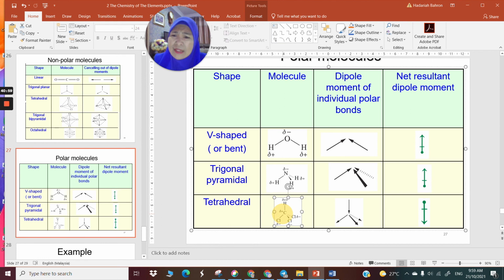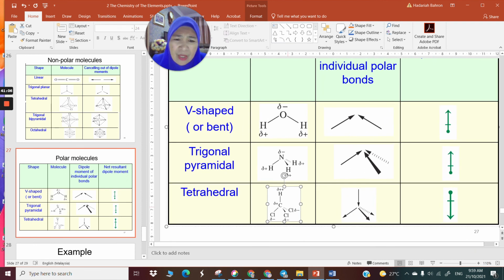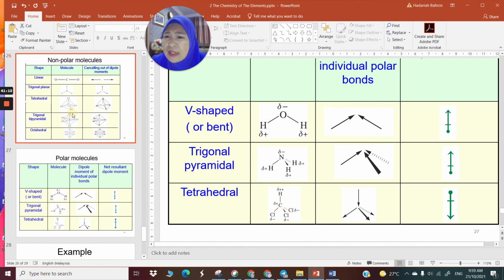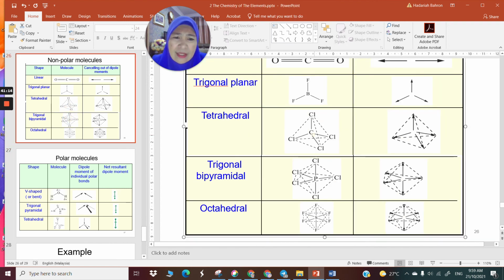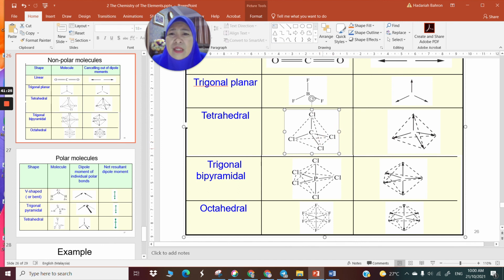Now, this one, tetrahedral. What is the difference between CHCl3 and CCl4? CCl4 has all chlorine on the four corners of your tetrahedral, so the dipole moments of each bond are equally strong.